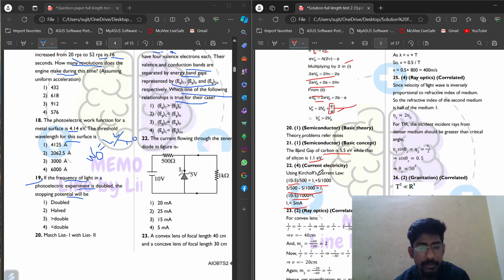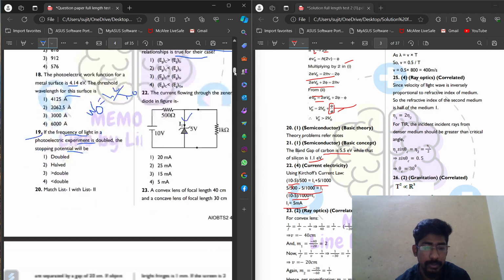Summation of E means summation of all the voltages, here given as 10 volt and 5 volt, equals summation of I into R. Here one I is there, and you have to calculate the value of I1. Just put the value in the KVL formula and you will get the answer.